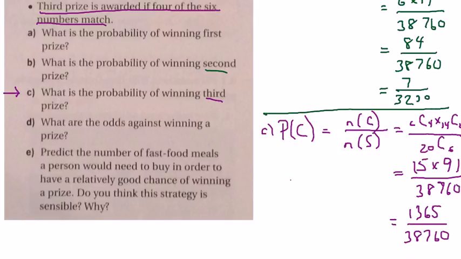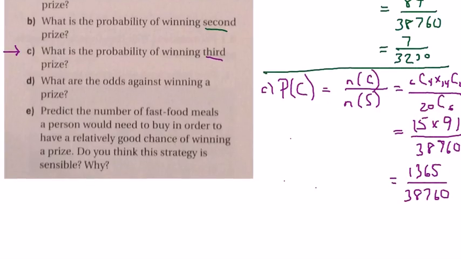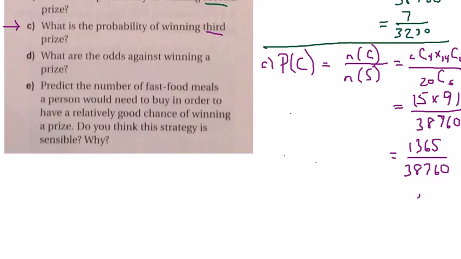Or we can reduce that as well. So that reduces to 91 over 2584. So let's see now, we're looking at roughly 100 out of 2600. So somewhere in the range of 3 or 4% is your probability of winning third prize.